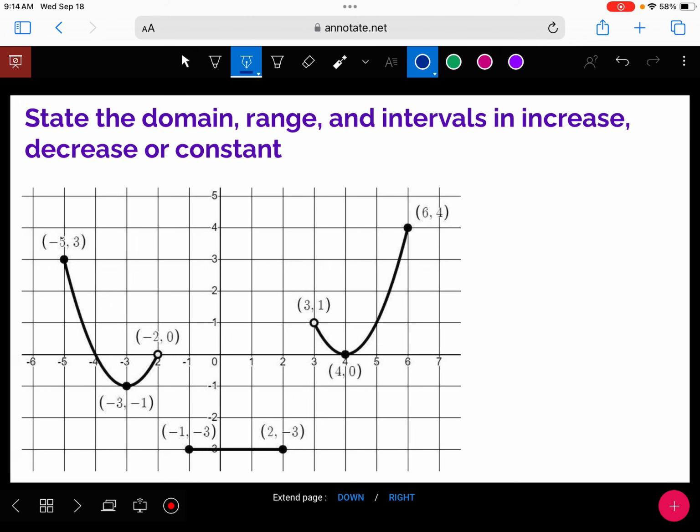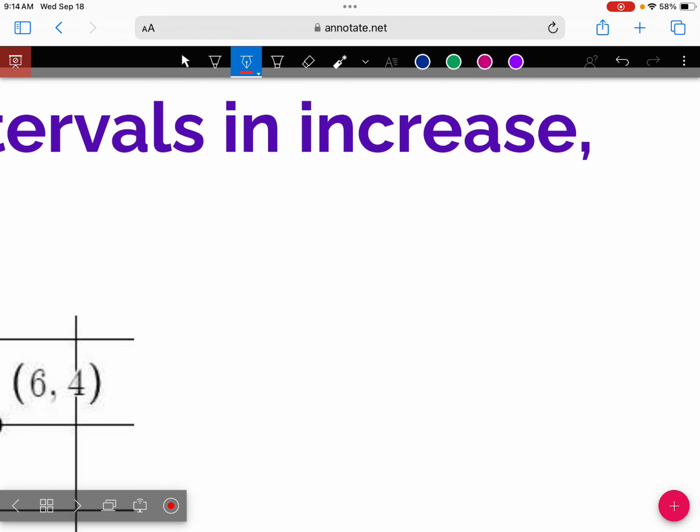So we're going to start with identifying our domain and our range. I'm going to start with identifying our domain.